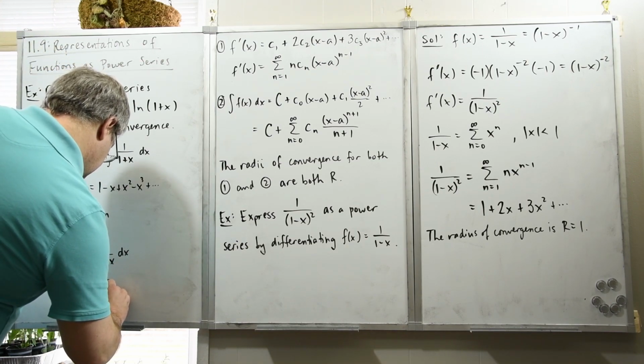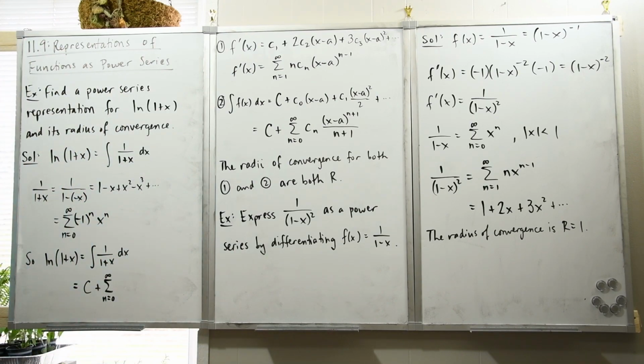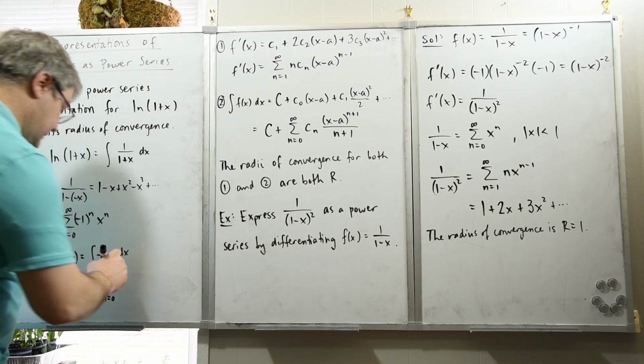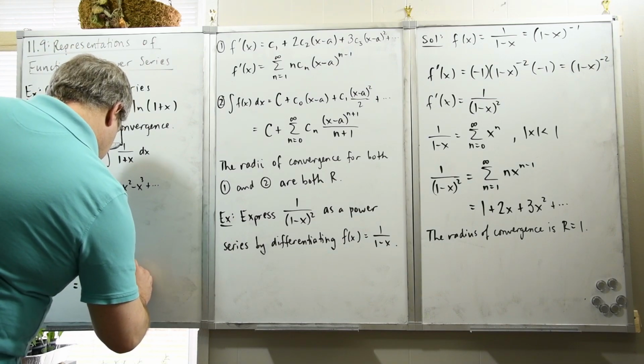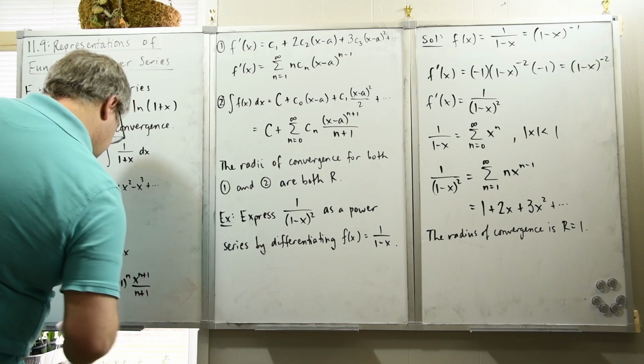And you'd have a summation n equals 0 to infinity of negative 1 to the n, times x to the n plus 1 over n plus 1.